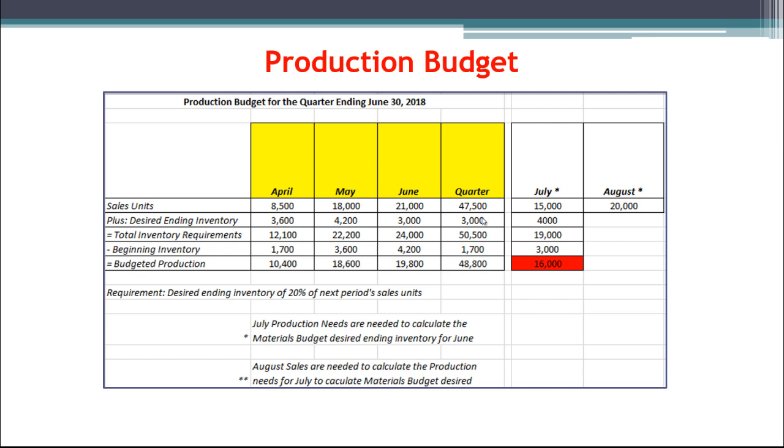For the quarter ending inventory, we need the very end of the quarter, which is also the very end of June. That is the end of the quarter. So June's ending inventory carries over to become the quarter's ending inventory. For beginning inventory, the beginning of this quarter was April. So we need April's beginning inventory, which is also the beginning of this quarter. So I just wanted to point that out as well.